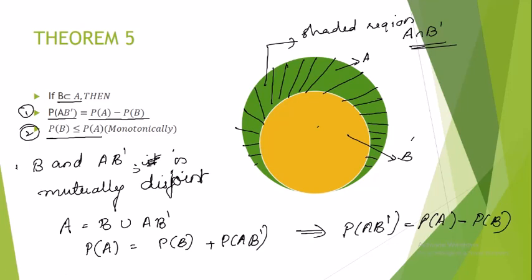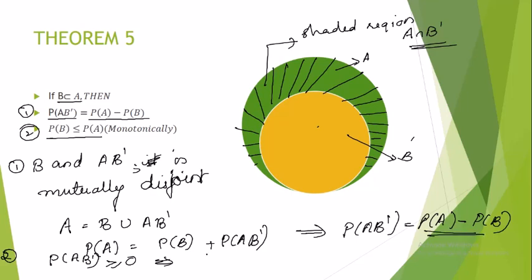Now for the second part, we know that any measure of probability is definitely greater than or equal to 0. It has a limit, right, from 0 to 1. So probability of AB complement is greater than or equal to 0.